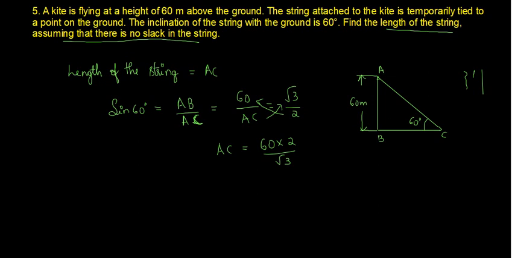Which is nothing but, we can write it as 3 into 20 into 2 divided by root 3, which can also be written as root 3 into root 3 into 40. 20 into 2 is 40 divided by root 3. So one of the root 3 we can cancel, and we can write it as 40 root 3 meter is the length of the string in this case.